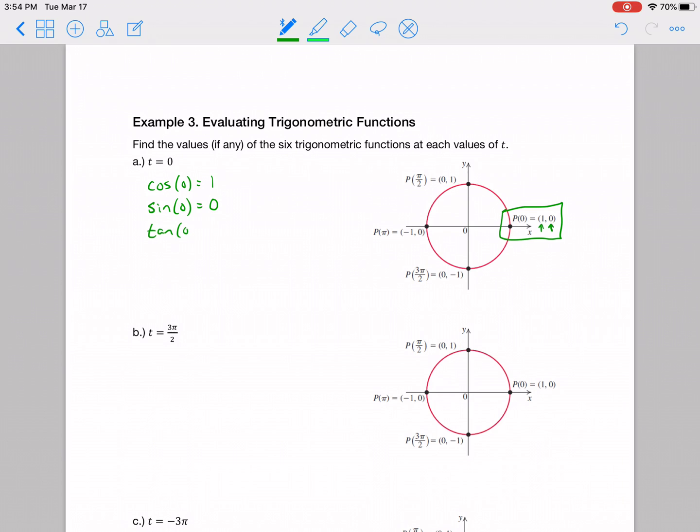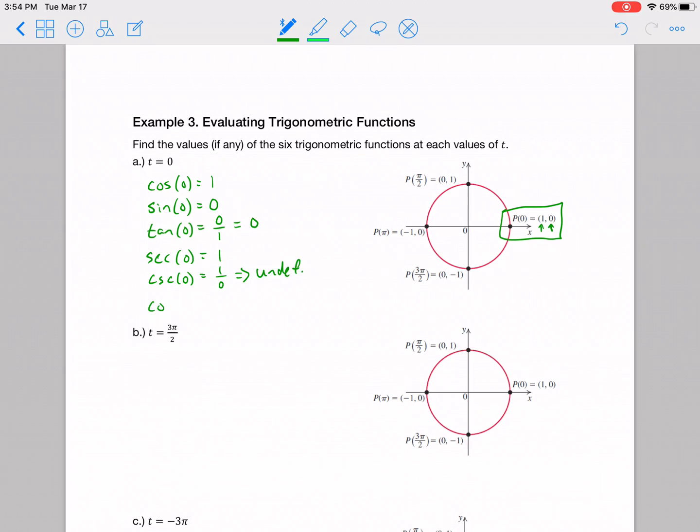Tangent of 0 is just sine over cosine, so that's 0 over 1, which is 0. Secant of 0 is 1 over the cosine, so 1 over 1 is 1. Cosecant of 0 is 1 over the sine, which is 1 over 0, which is undefined.